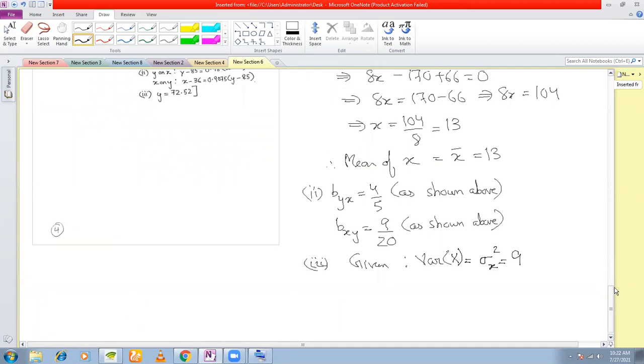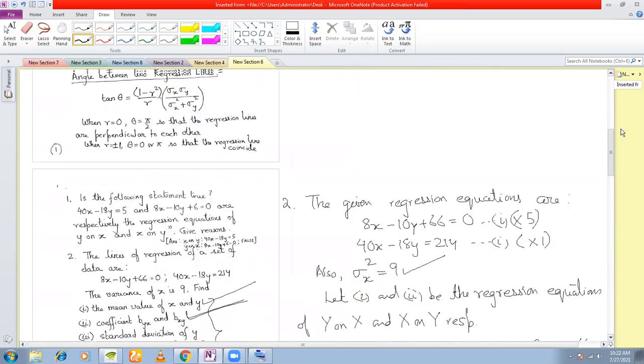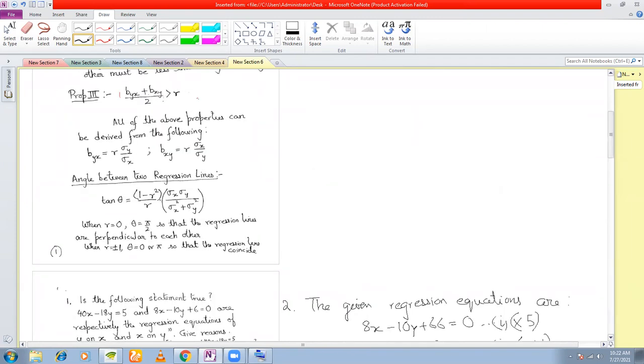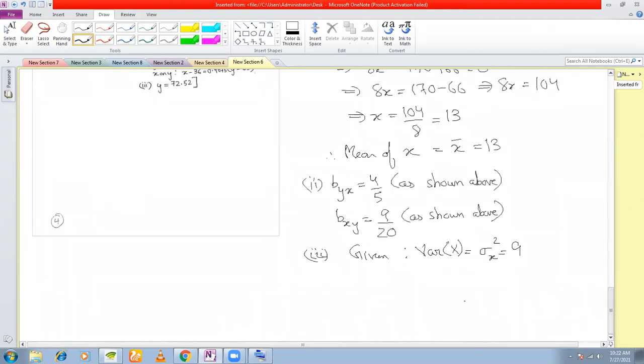So now if you see this relation here, we use either this relation or this relation to find out the standard deviation of y, because the variance of x is given. So therefore, what should be sigma x here? Sigma x must be equal to positive square root of 9, which is equal to 3.